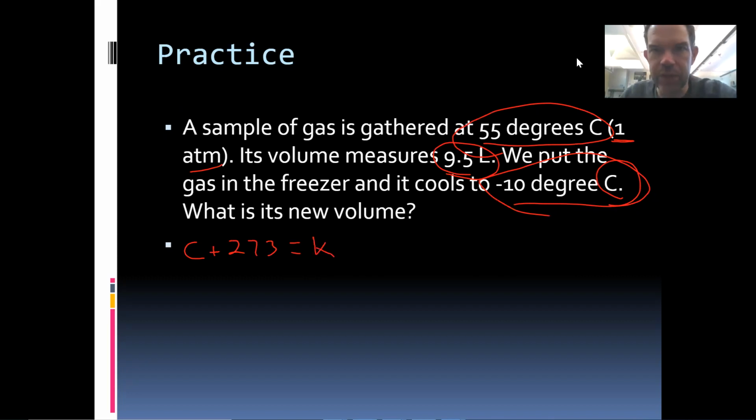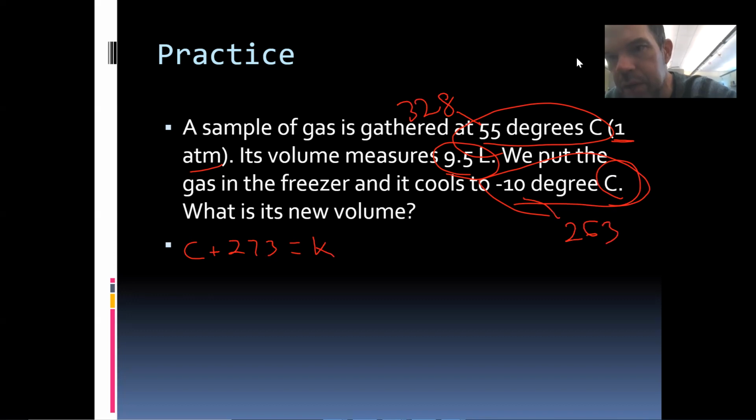So in this case, 55 plus 273 comes out at 328. And negative 10 plus 273 comes out at 263 Kelvin. Okay, so we got our numbers now.